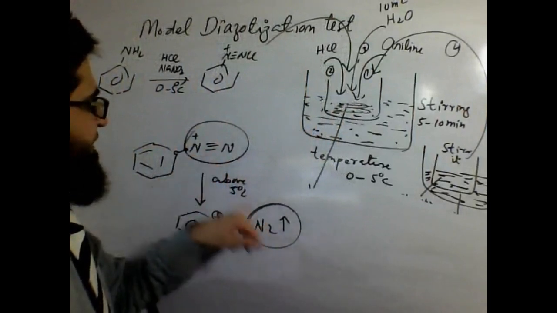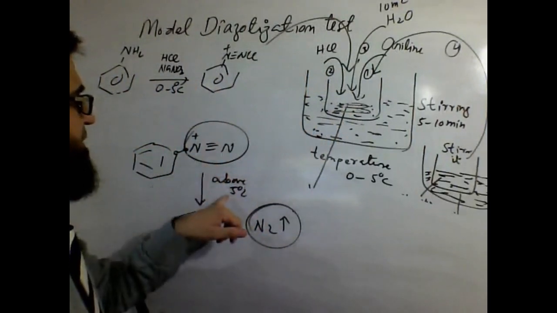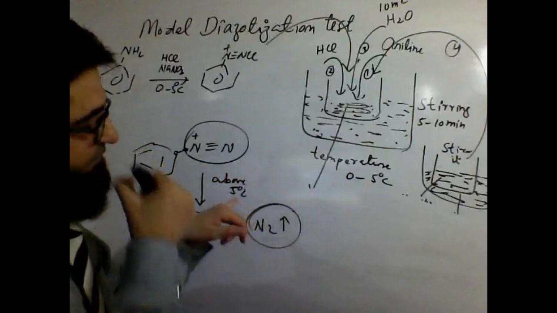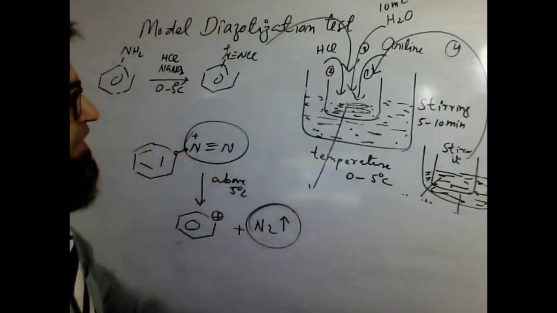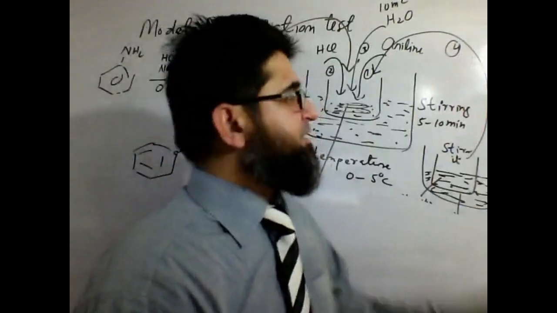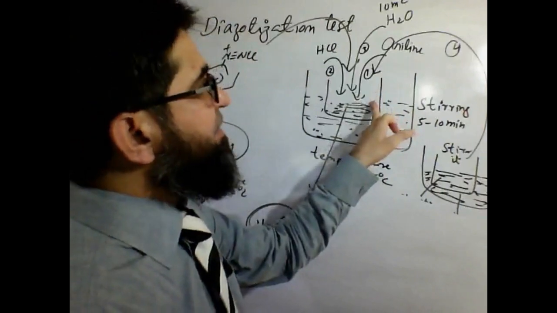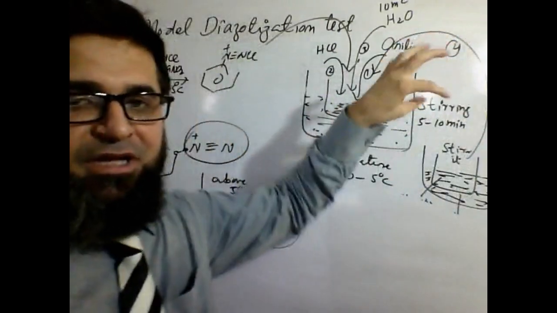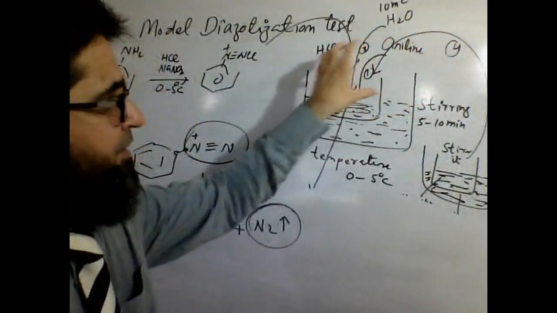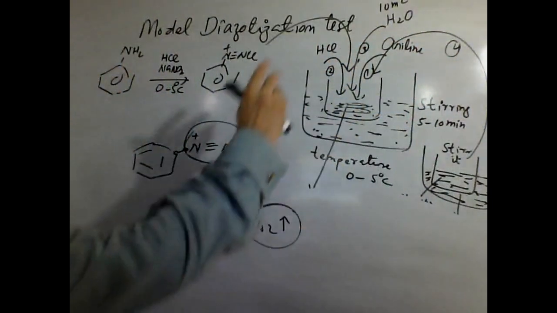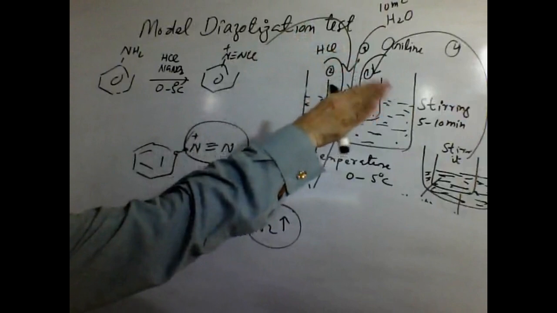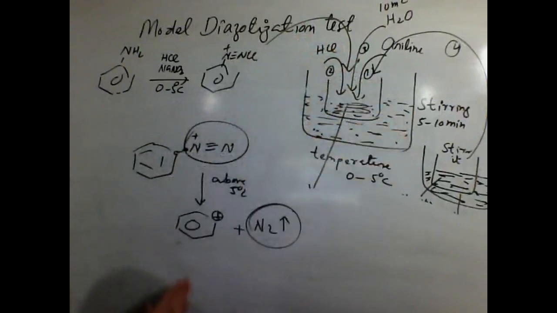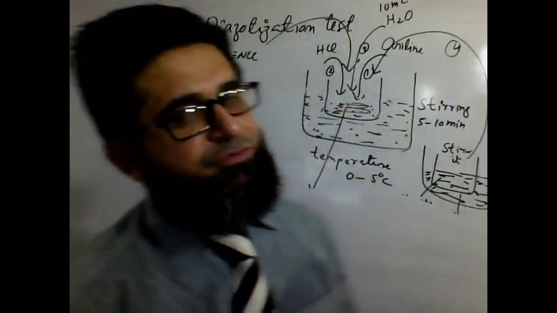Controlling the temperature will ensure the diazonium ions are still present in the beaker and are ready for coupling with any aromatic ring from any other compound. So this is how diazotization is supposed to be.